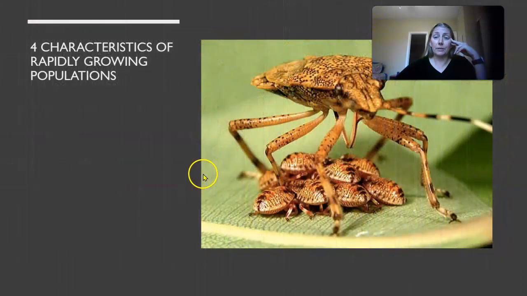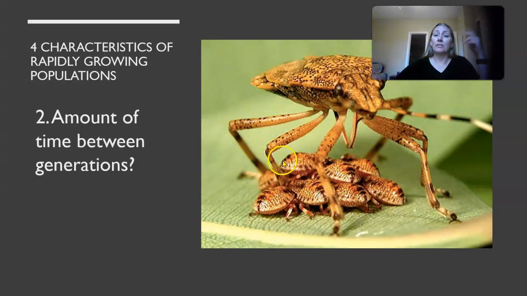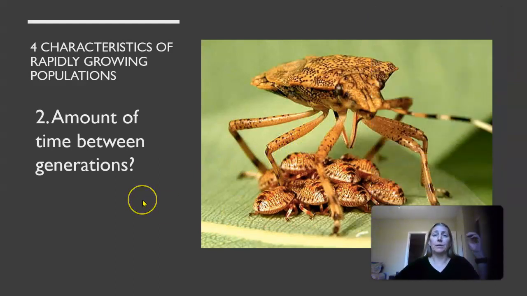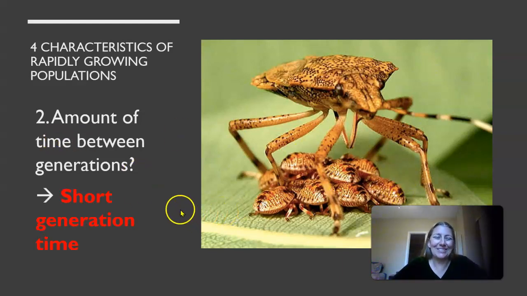Another characteristic of a rapidly increasing population is generation time. So again, think about this before I give you the answer. What is going on with the amount of time between generations? Is it a short amount of time or a long amount of time for a rapidly growing population? If you answered short generation time, then again, you are correct.